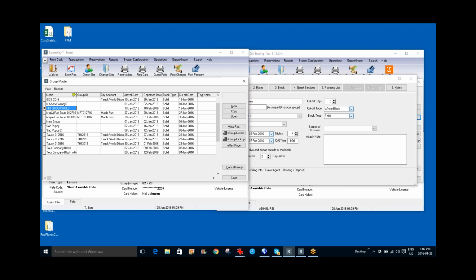So they'll put in a group block from May until September, 20 rooms per night at the beginning of the season until they find out what each group is going to do.